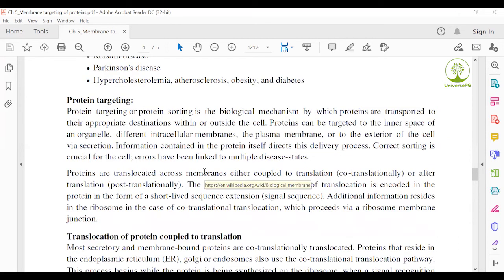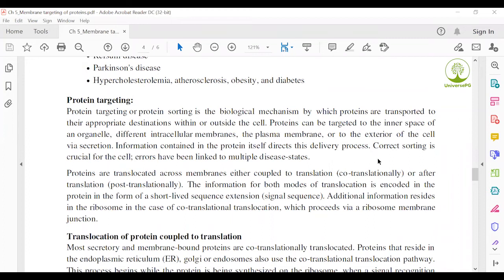Next, protein targeting. Protein targeting or protein sorting is the biological mechanism by which proteins are transported to their appropriate destinations within or outside the cell.